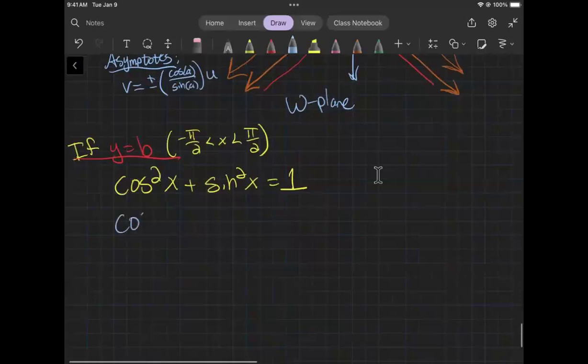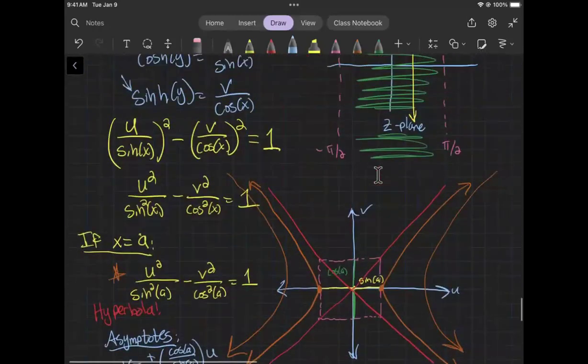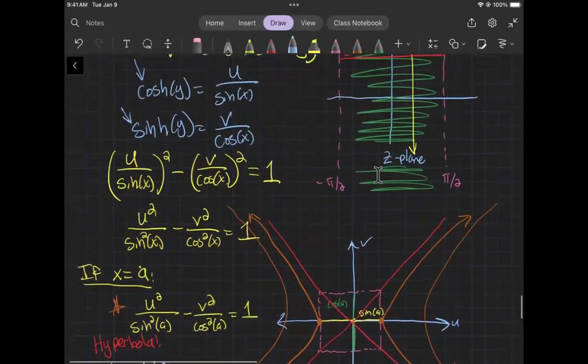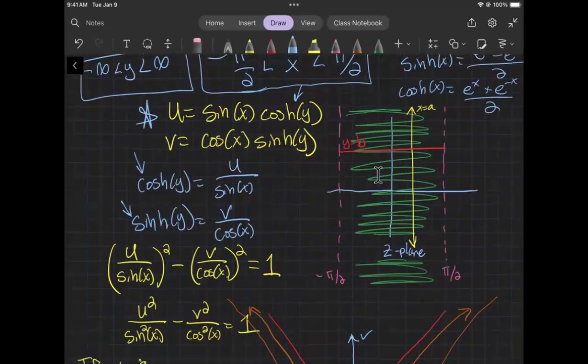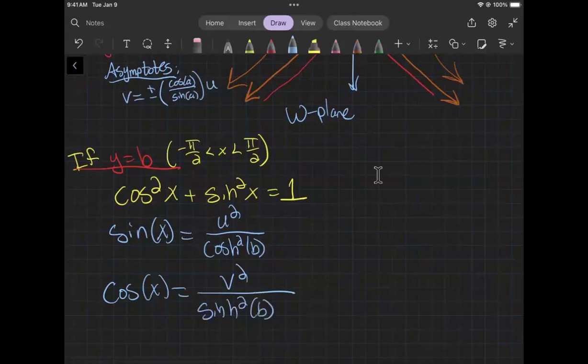So sine x would equal u squared divided by hyperbolic cosine of b here, since y is b, and then cosine of x equals v squared divided by hyperbolic sine squared of b.